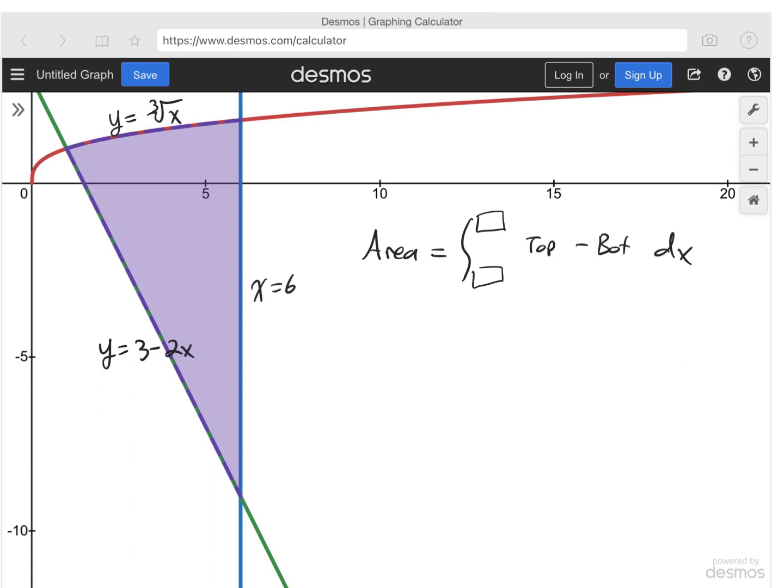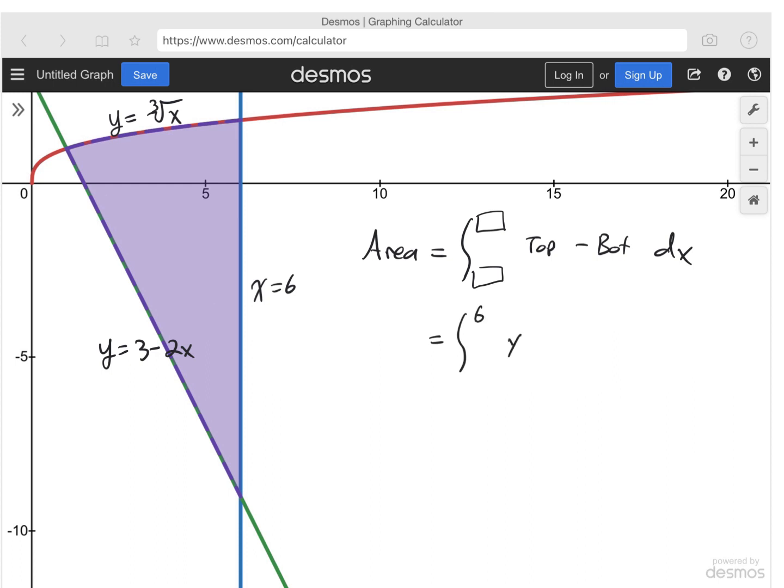Okay, so let's go ahead and put in the numbers that we're confident with. Definite integral, we are integrating from some x value that's unknown, this leftmost x value, all the way up until this rightmost x value. Okay, we know that the rightmost x value is 6.